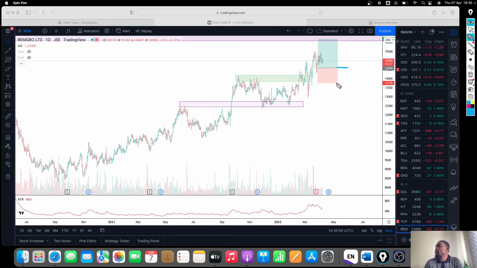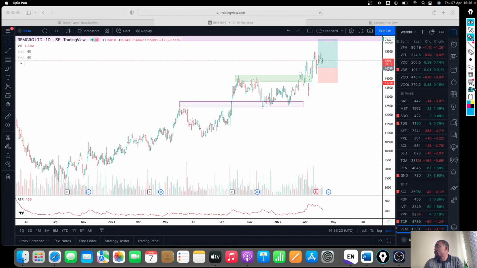The stop loss initially was 137, and then I'm targeting this, I think about 160. It's another swing trade, but I also have a long-term position on Remgro. So now what I'm telling EasyEquities is that once the share price starts to trade below 141, then they can close my position there. That is what I have in there.